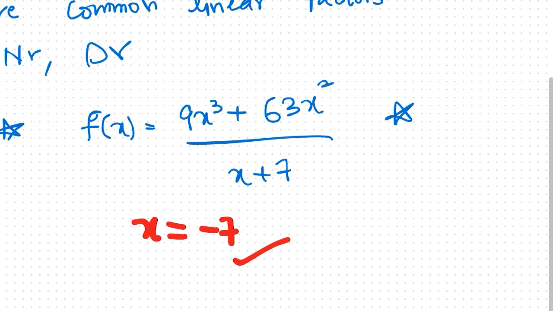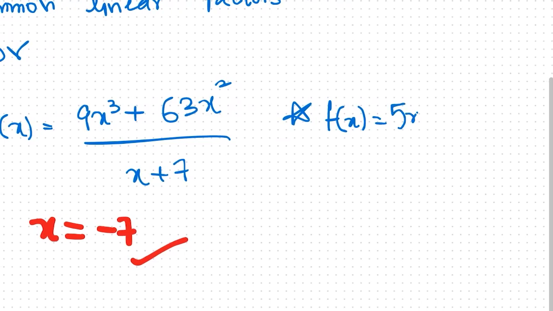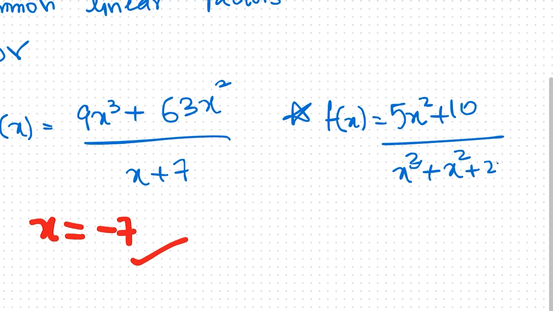So let's say f of x is equal to (5x squared plus 10) upon (x cubed plus x squared plus 2x plus 2). What about this?